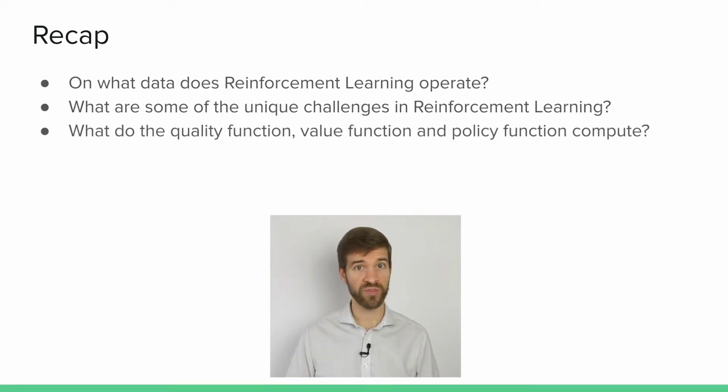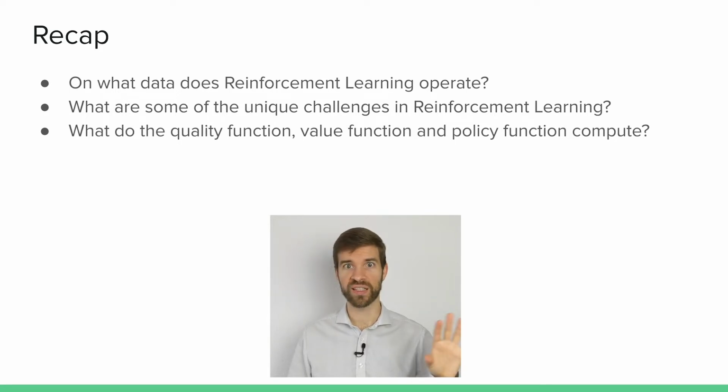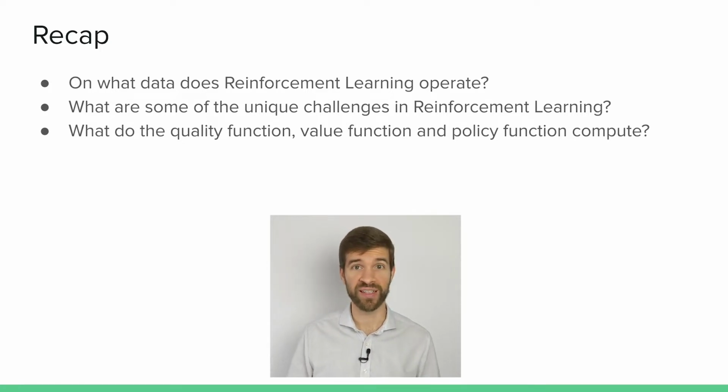What do the quality function, value function, and policy function compute? The quality function says, well, it's the expected total reward when we're in state S and we take an action A. So how good is that action A going to be in my current state S into the future? That's the quality function.